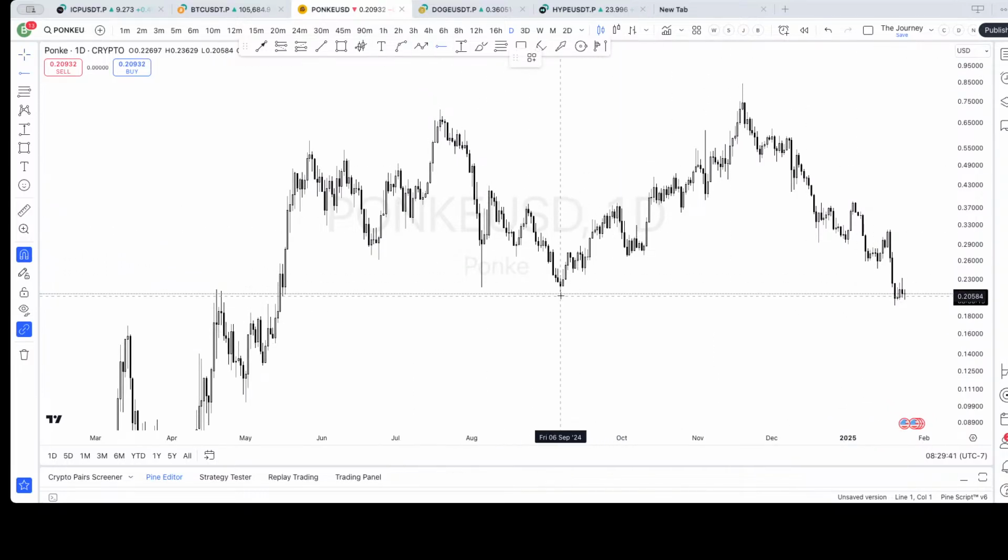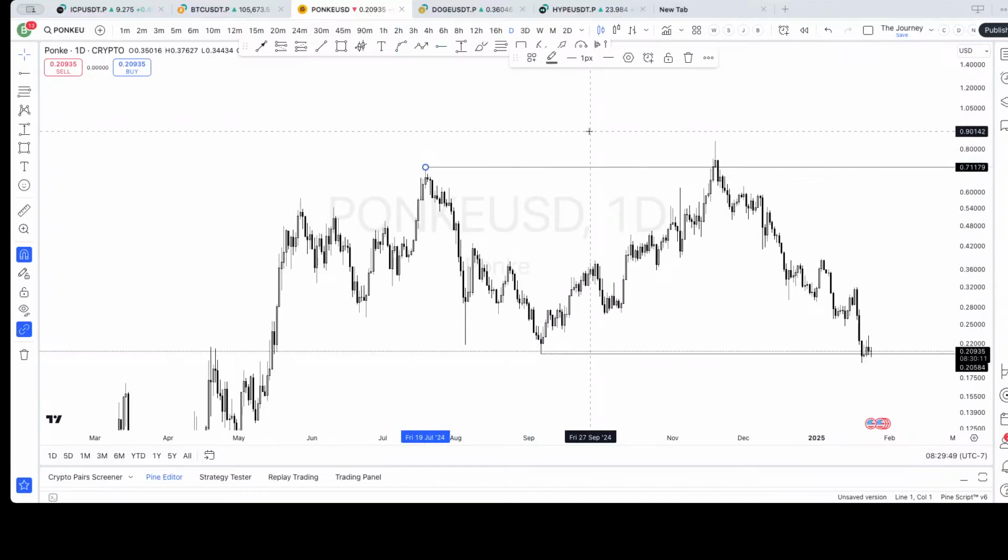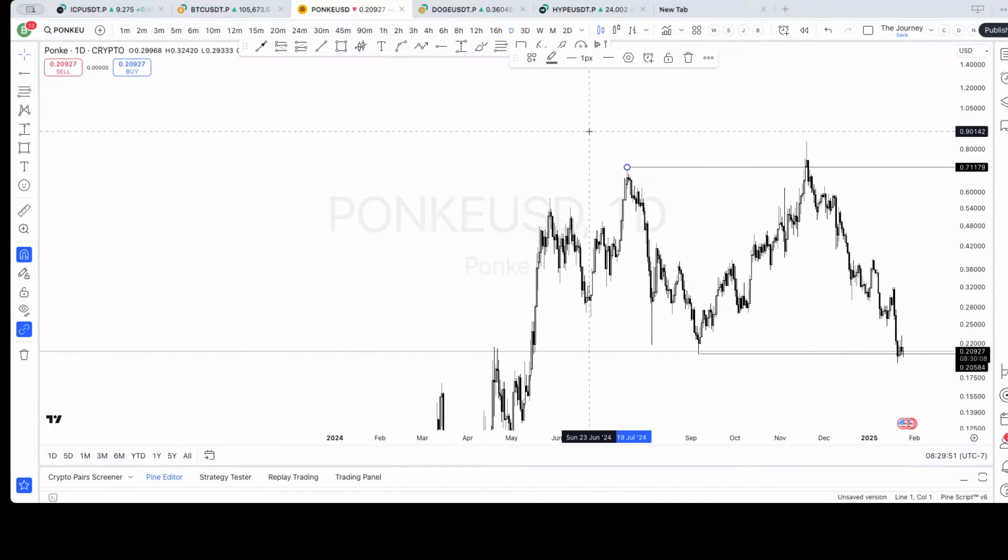So I get this interest. I understand the interest here. So you rotated from one side of your range to the other side of your range.